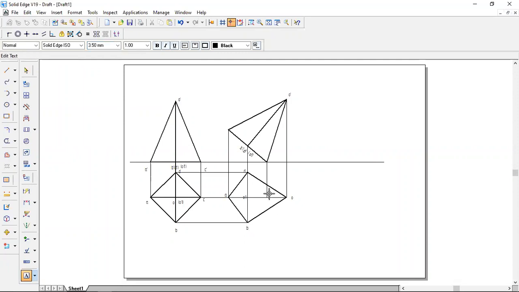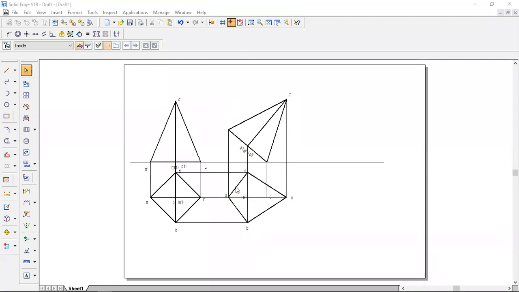next is the base, whether the base is visible or not. See here, the observer will be here. So when the observer is viewing from the top surface, the bottom base is not visible to him. The base is not visible, but the base edges AB and AD already came in the outer view.